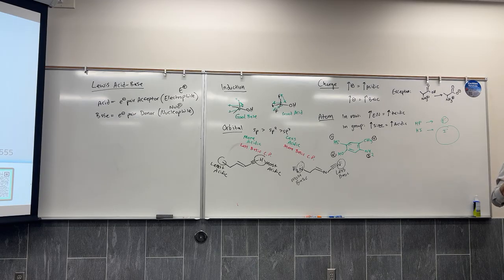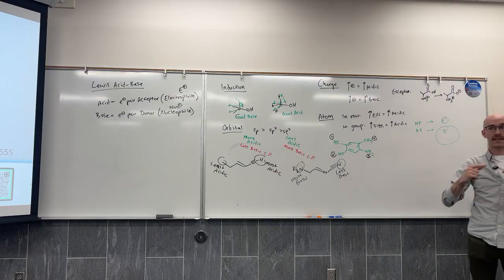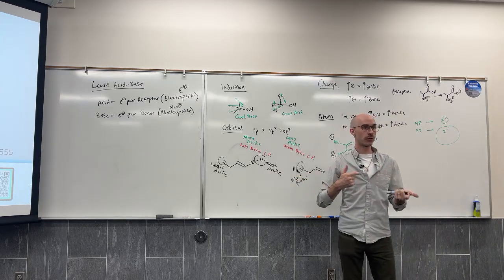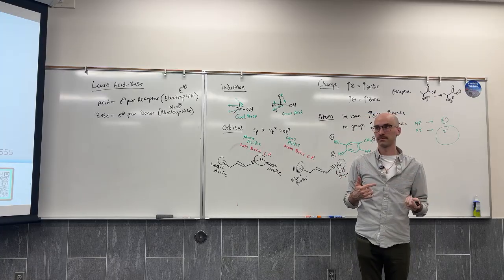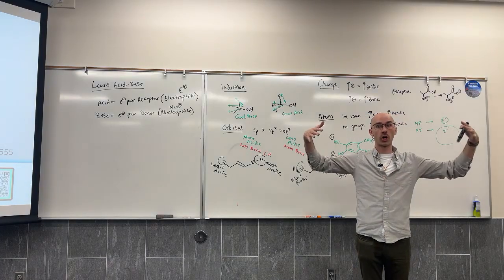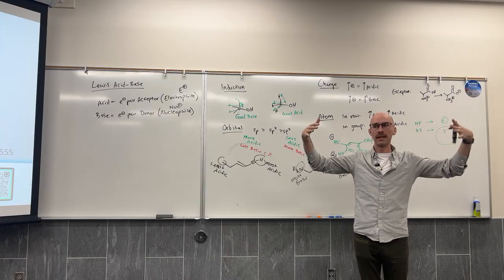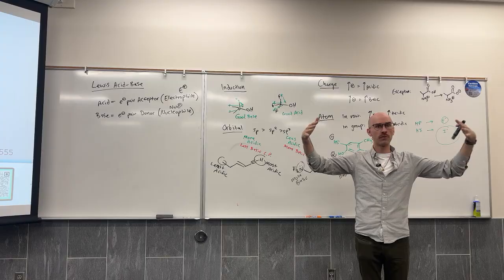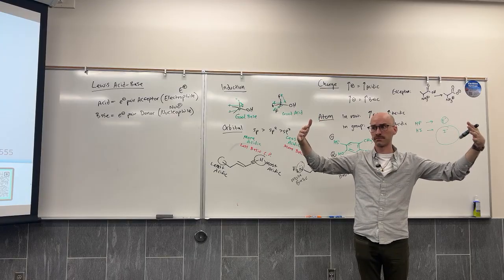All Bronsted-Lowry acid bases are Lewis acid bases because to donate or accept a hydrogen ion, you need to accept or donate an electron pair. All Bronsted-Lowry acid bases are Lewis acid bases, but not all Lewis acid bases need to involve the exchange of a hydrogen ion.